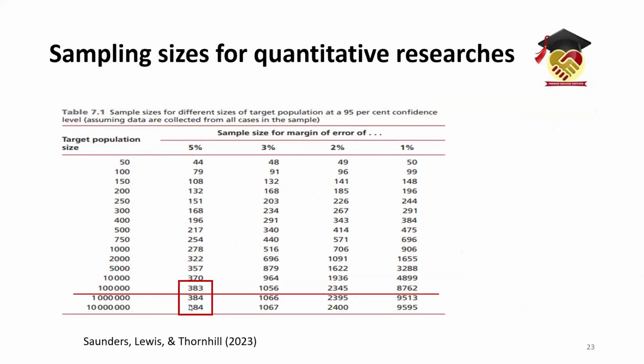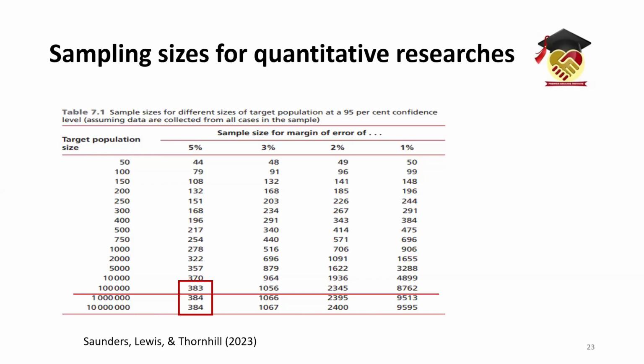But at the same time, I have to tell you another thing, right? For example, in Sri Lanka, if you give 100 questionnaires, you will get only a 50% response rate. So if you want to get 383 completed, then you have to distribute at least 700 or 800. Otherwise, you won't get this much. So remember, even if you get 400, it's okay.